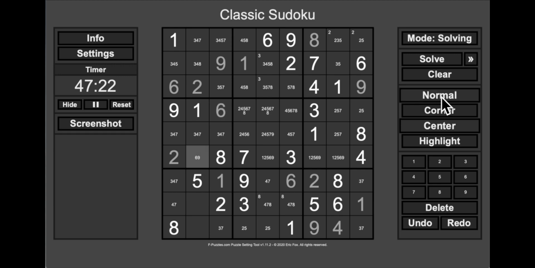Well, it definitely can't be 6. There we go, and 9's already in the box. Well, that's a problem.